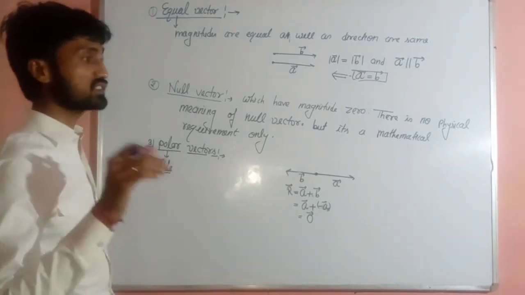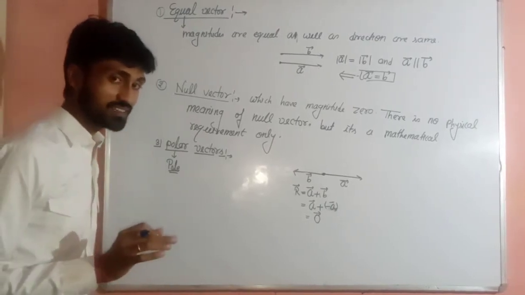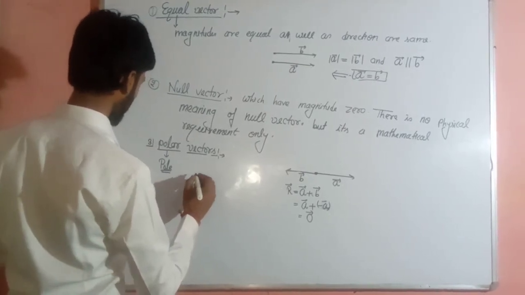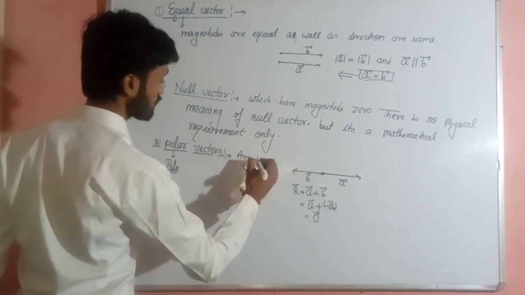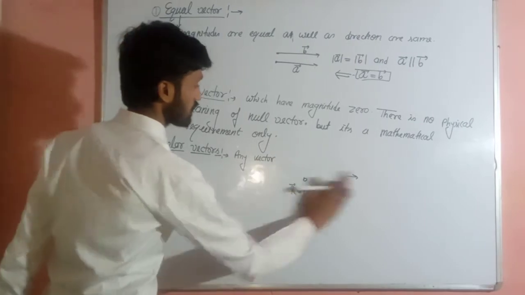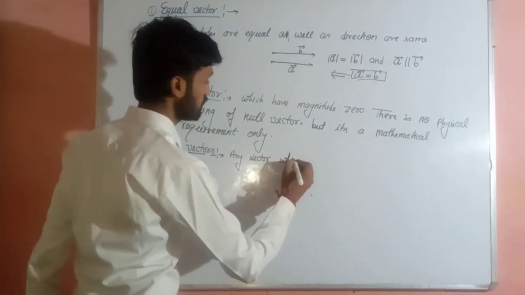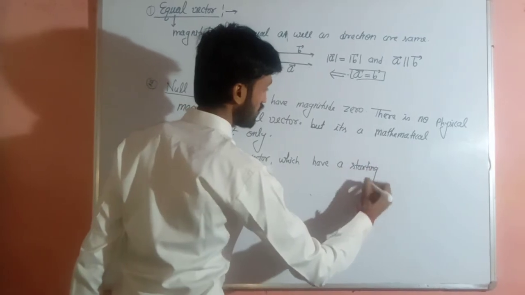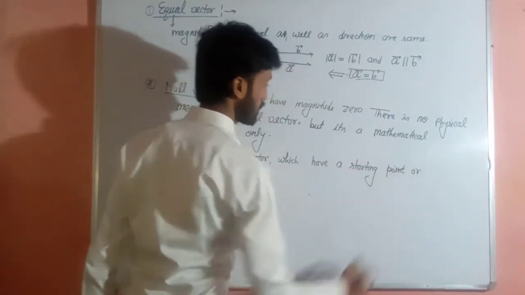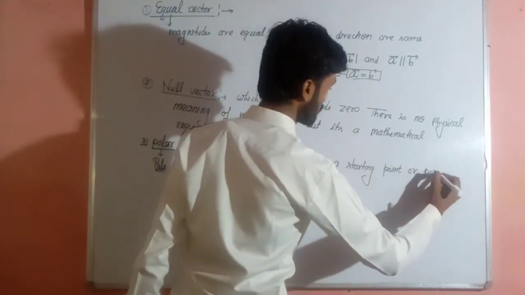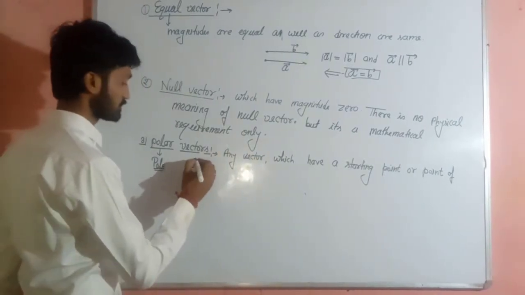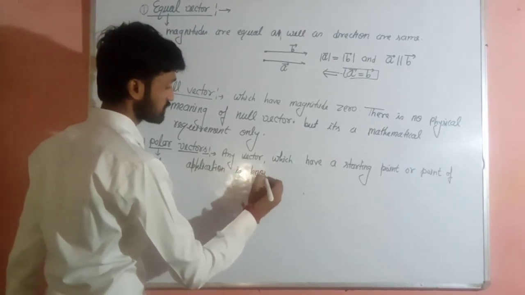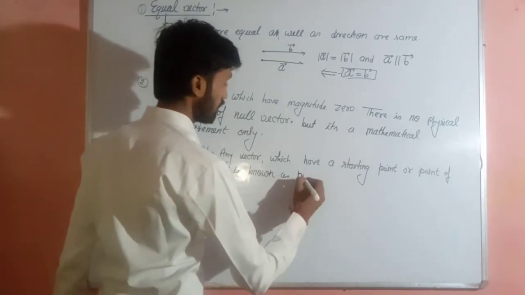Any vector which has a starting point, or point of action or point of application, is known as a polar vector.